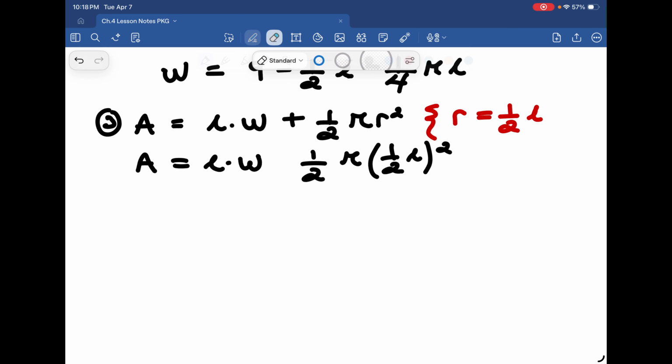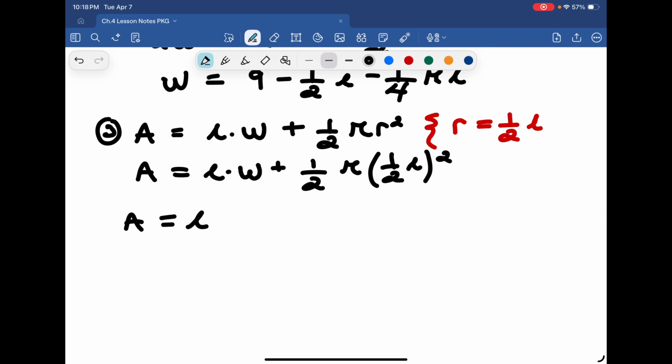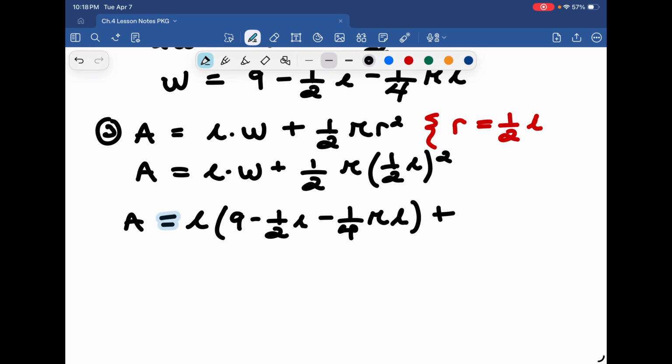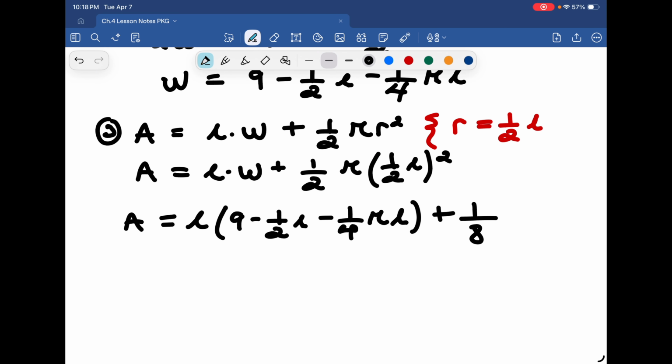Now, from here, I'm going to make sure I sub in not only the 1/2 L squared, but I'm also going to sub in the W. So this is L times 9 minus 1/2 L minus 1/4 pi L, plus the 1/2 times, this is going to become 1/4 L squared. And so I'm going to make this 1/8, and this is going to be pi L squared.